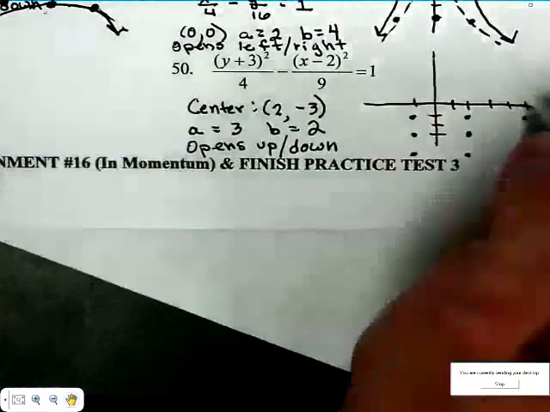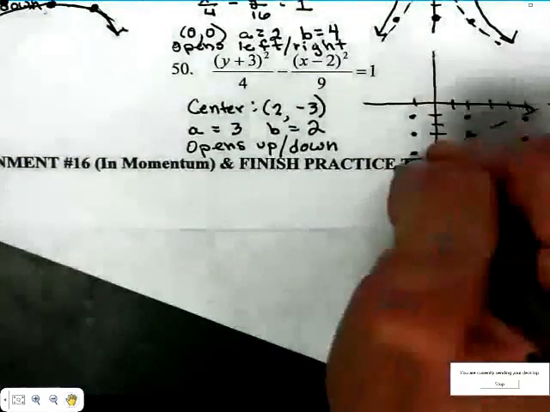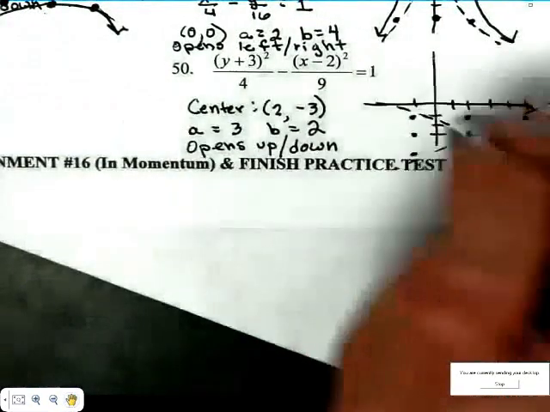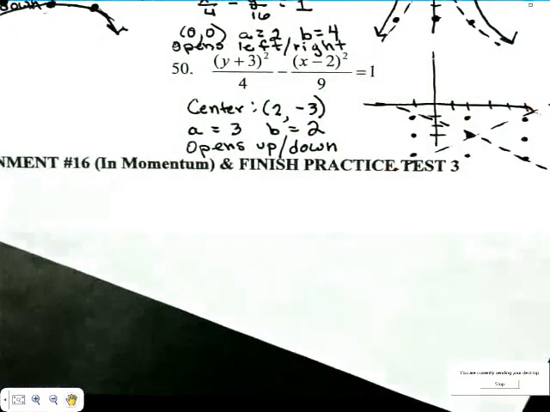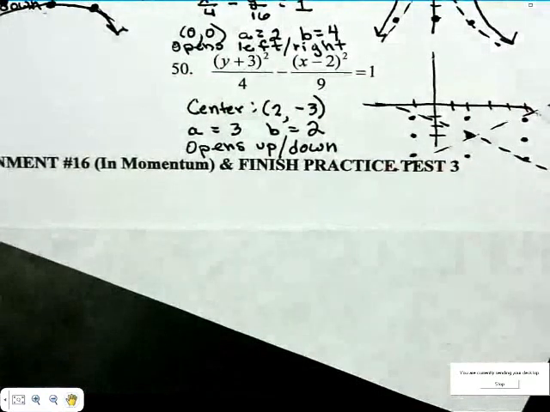Dash in the diagonals. And then this hyperbola is supposed to open up and down.